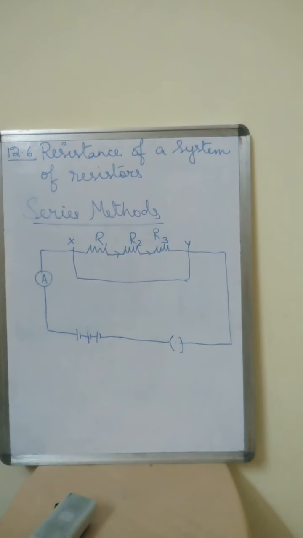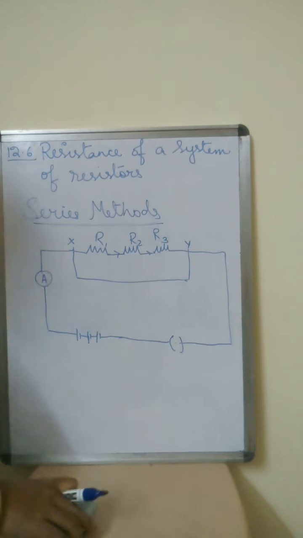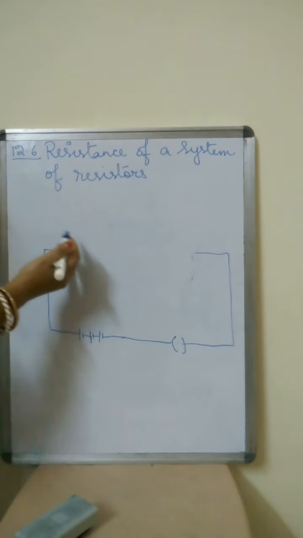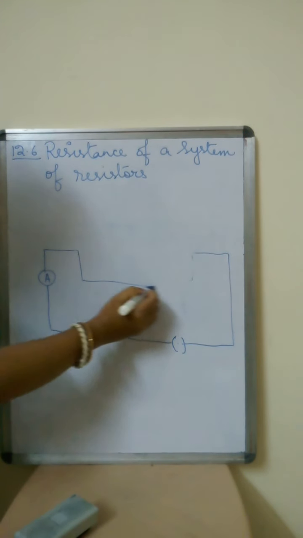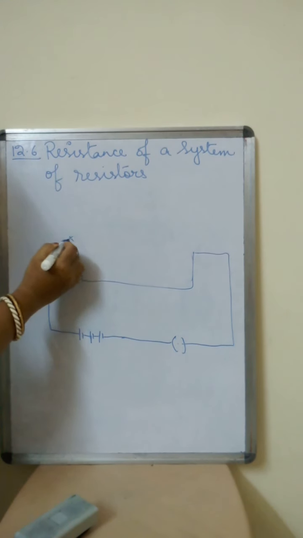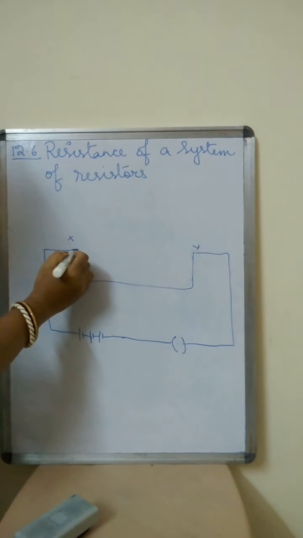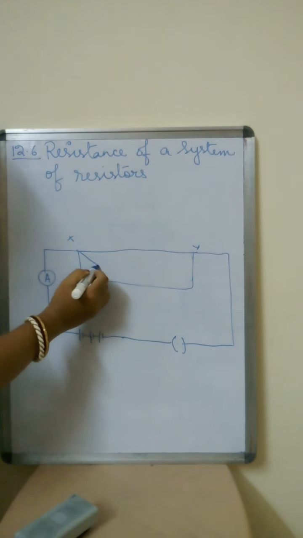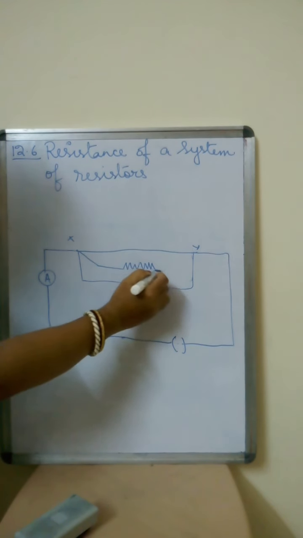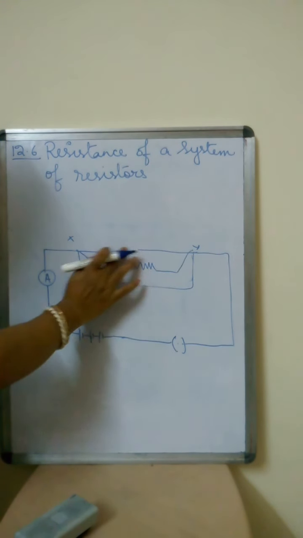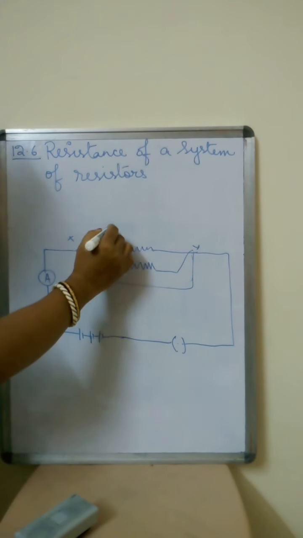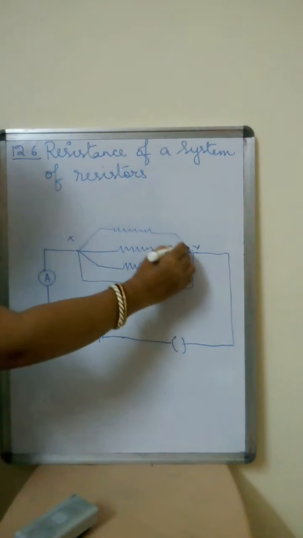But when we do the same thing in the parallel form, what happens? Here also we have 2 points, point X and point Y. But here the resistors are not connected together one after another.